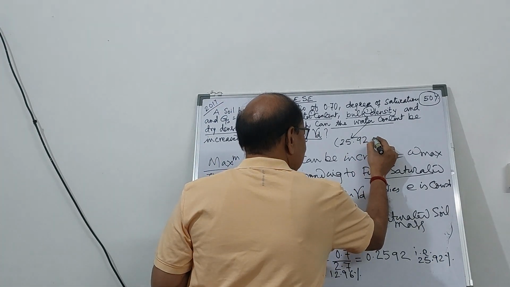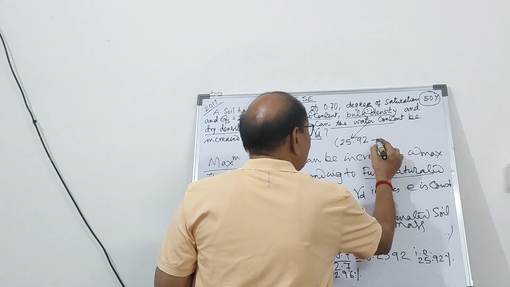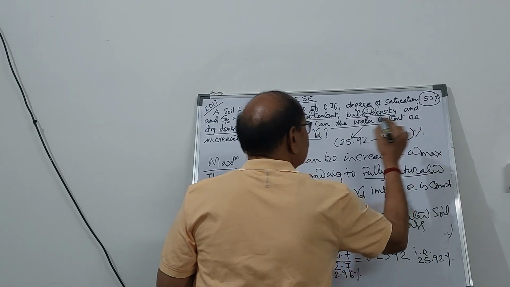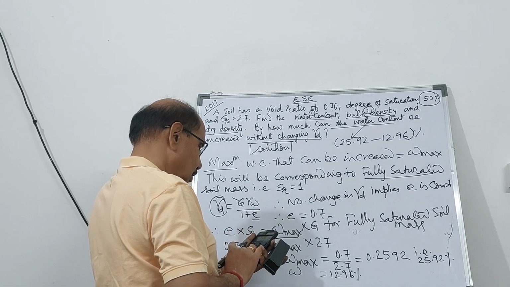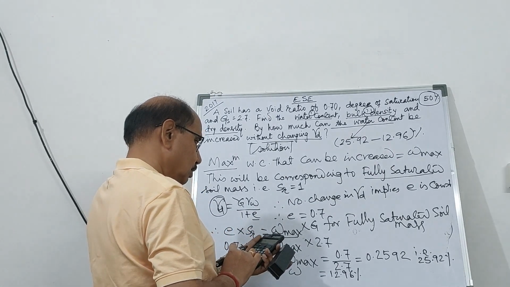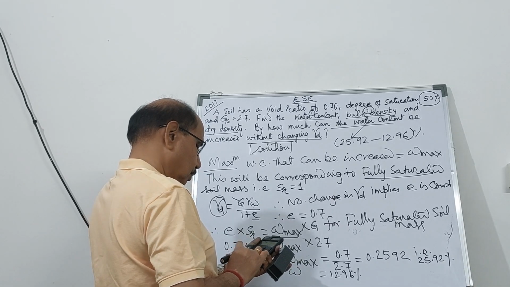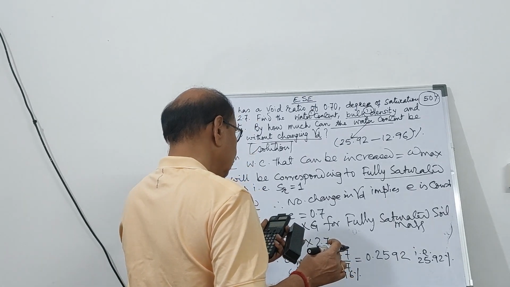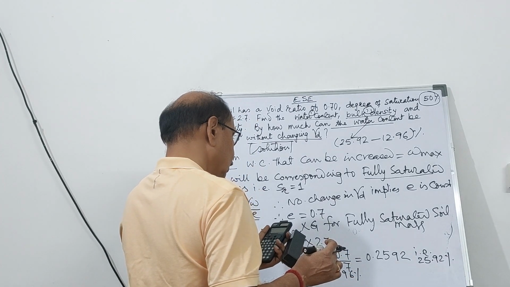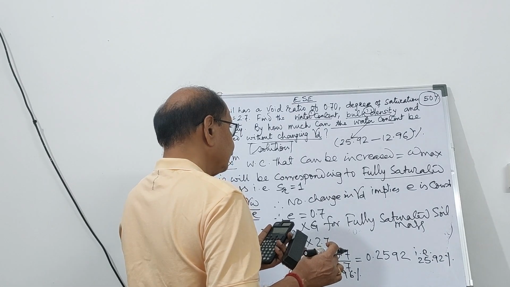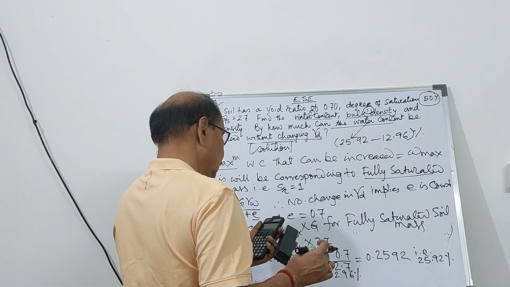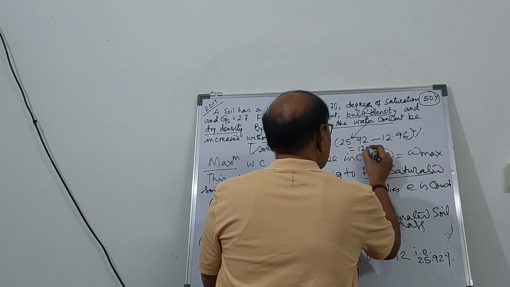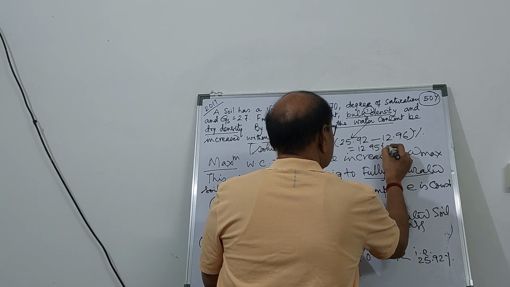So the water content that needs to be increased is going to be 25.92% minus 12.96%. So the difference can be found out. This is equal to 12.95%.